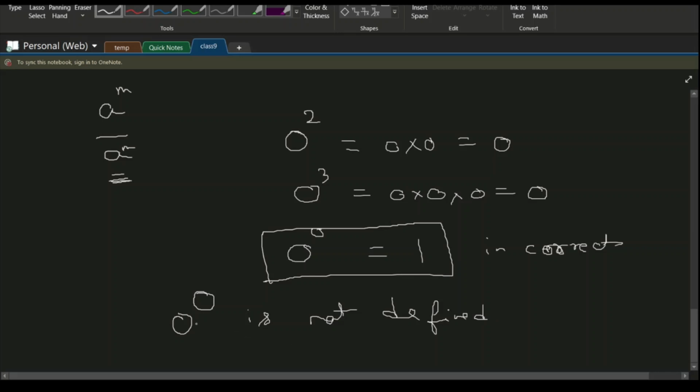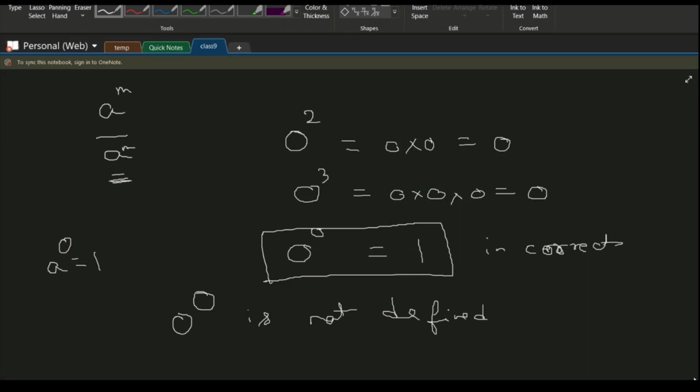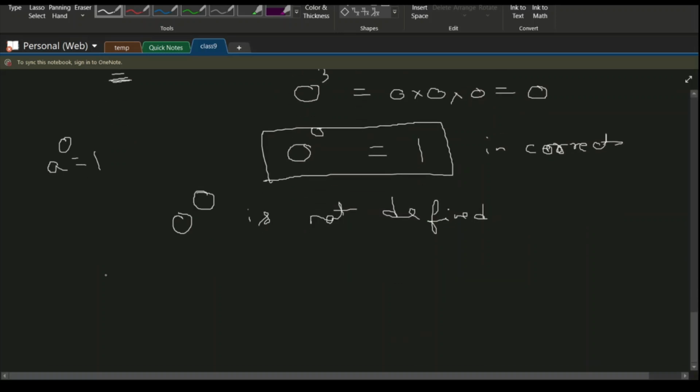Some people can argue that 0 to the power 0 can be 1, going by that logic that a to the power 0, if I put any rational number and put a power of 0, this becomes 1. So 0 to the power 0 should be 1. But if I go with this argument, 0 to any power gives me 0 only.